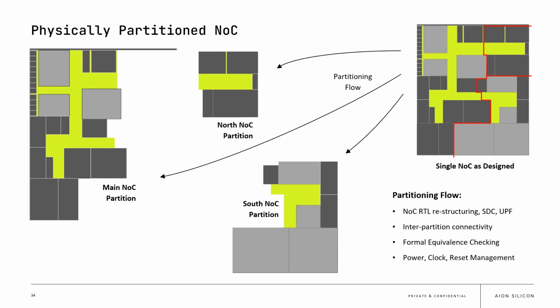So the flow needs to manage the connections and make sure that the right connections are retained. And in order to prove that the partitioned NoC structures are equivalent to the initial NoC, we need to run some kind of formal equivalence checking, such as Formality, to compare the before and after. And then finally, you need to make sure that your top level power, clock, and reset infrastructure is mapped accordingly to the partitions.